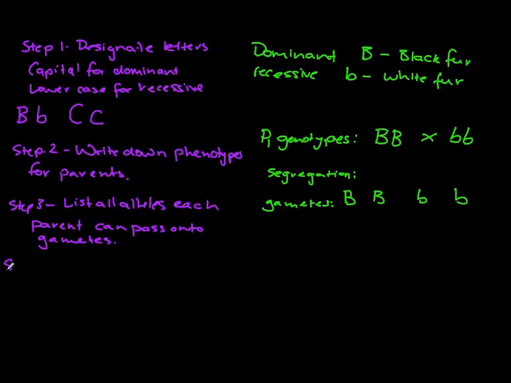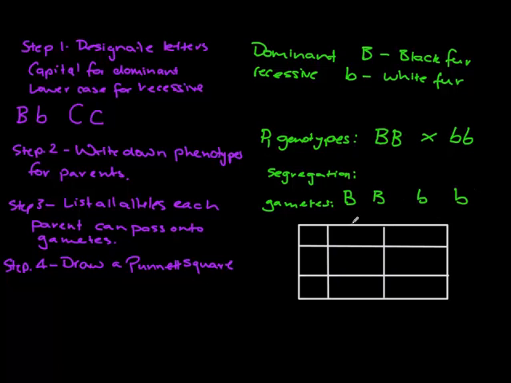So the next step, step 4, is to draw a Punnett square. This is to help us find the combinations that are going to exist. So we'll just get a Punnett square in there. Now we've got our Punnett square here, we're going to put in our gametes. We can place these guys here in the squares on the side, and these ones up above.